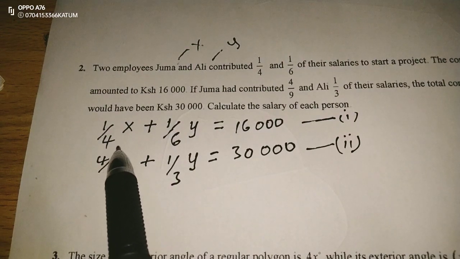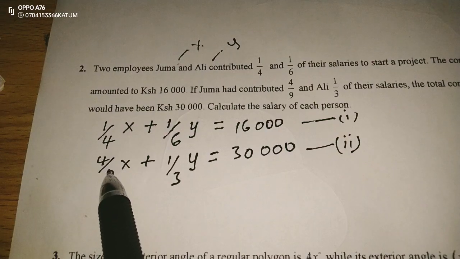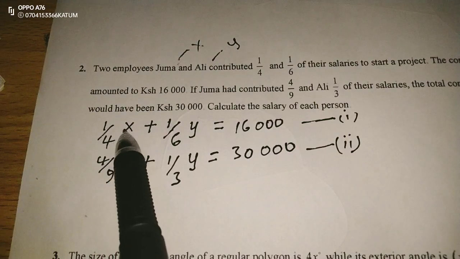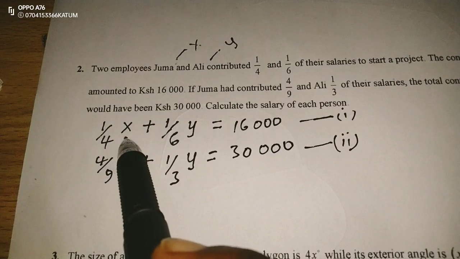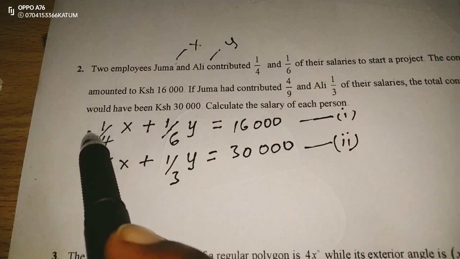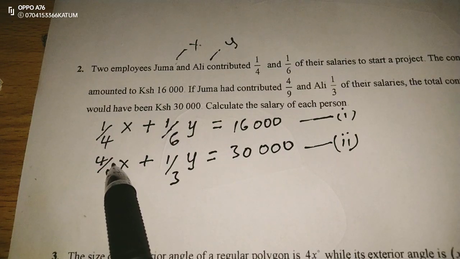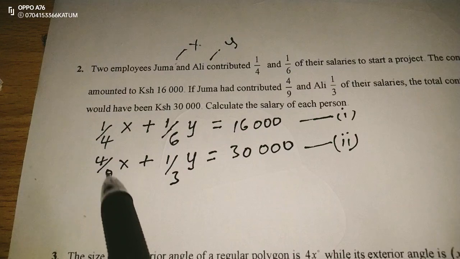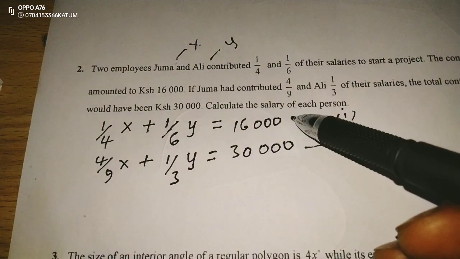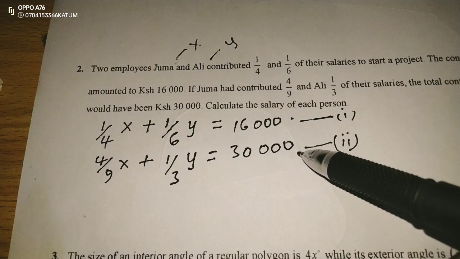Therefore, I'll multiply the second equation with the coefficient of X in the first one. In the first one, the coefficient of X is a quarter, so I'll multiply the second one with a quarter. Then the first one, I'll multiply with the coefficient of X in the second, which is 4 out of 9.